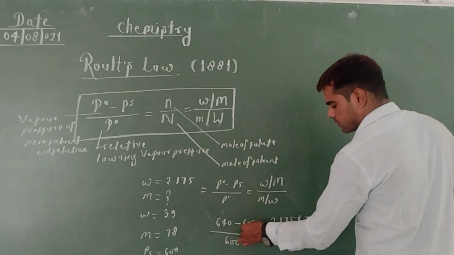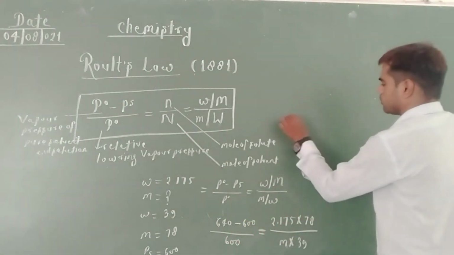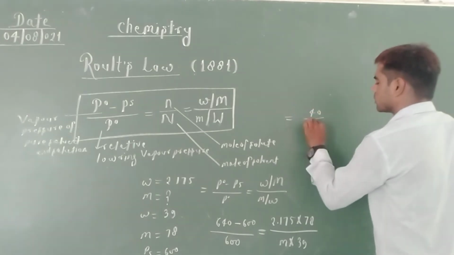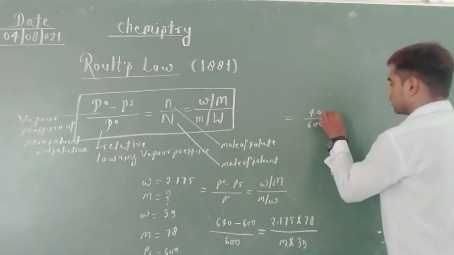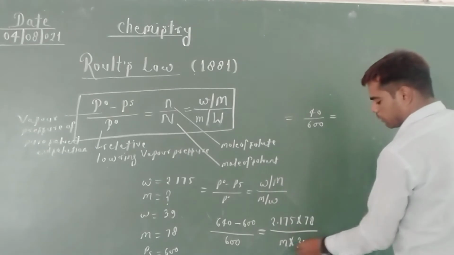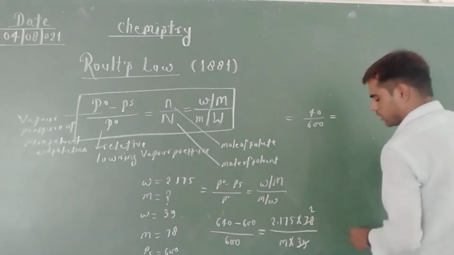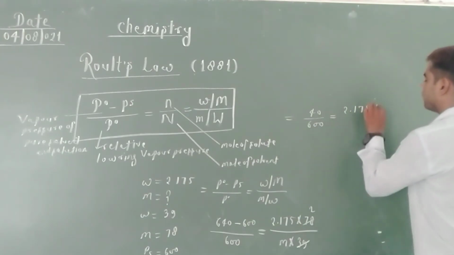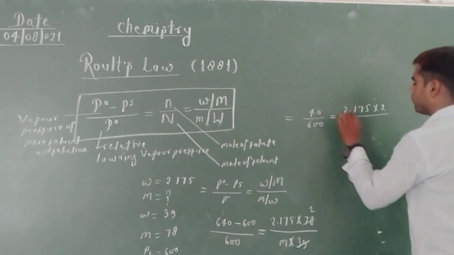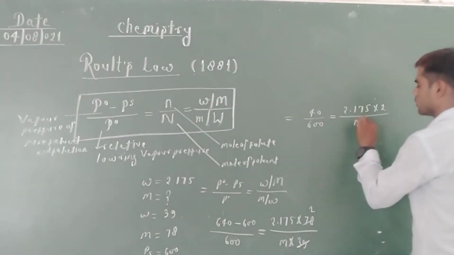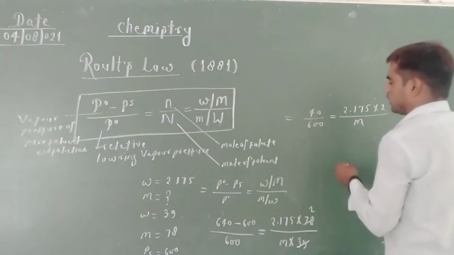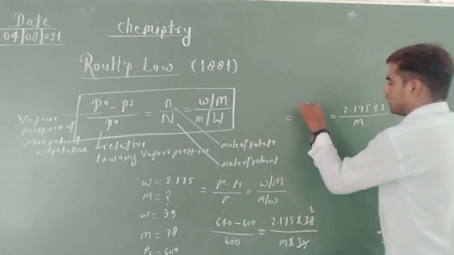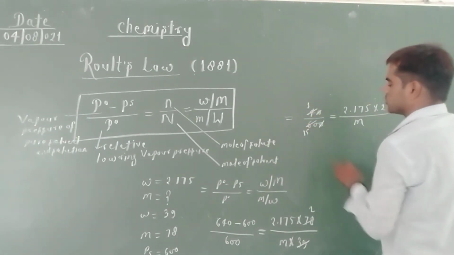Here 640 minus 600 will be 40 upon 600, equal to, as 39 goes into 78 two times, 2.175 multiplied by 2 upon m. Now the zero cancels, and 1 goes up and 15 goes up to 60.